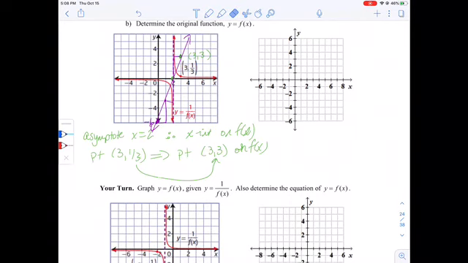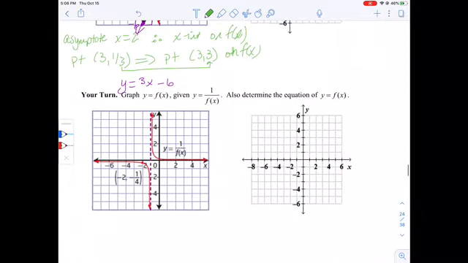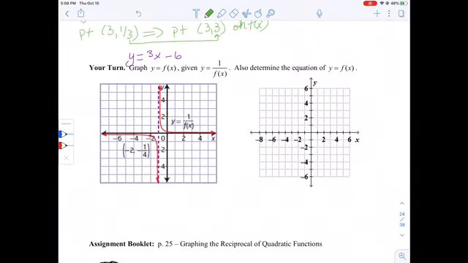And I know that the equation of that line would have been y is equal to 3x minus 6. So there's the first one. The next one is a your turn. If you'd like to pause the video now and give that a try, that would be awesome.